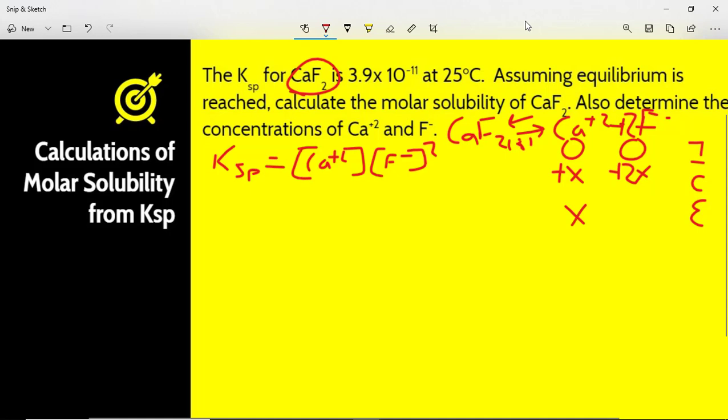We have X, and this is going to be 2X for our concentrations at equilibrium, and then we just plug those into our equation. Since we know KSP, and we know that we're solving for X, we can just plug those numbers in and solve. So what we end up with is our KSP, which is 3.9 times 10 to the negative 11th equals X times 2X squared.